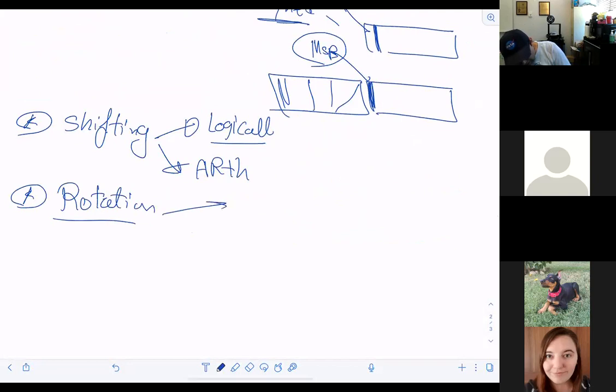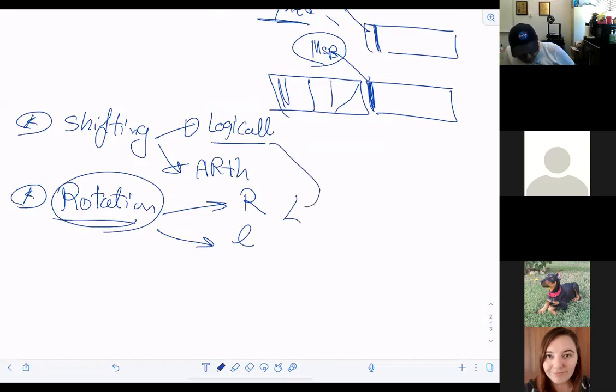So I'm rotating right or rotating what? Left. And of course, rotation is from the same family of logic. So if anybody asks you what type of logical operations you have, it's going to be shifting, rotating, logical or arithmetic shifting. Let's see what this is.